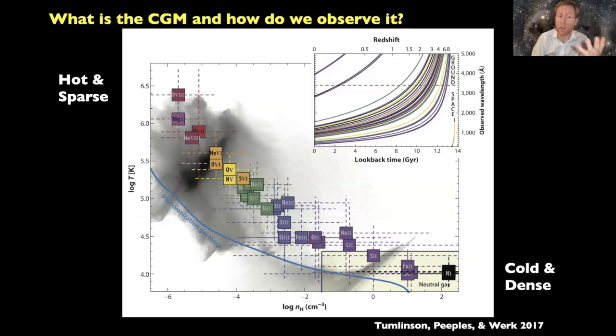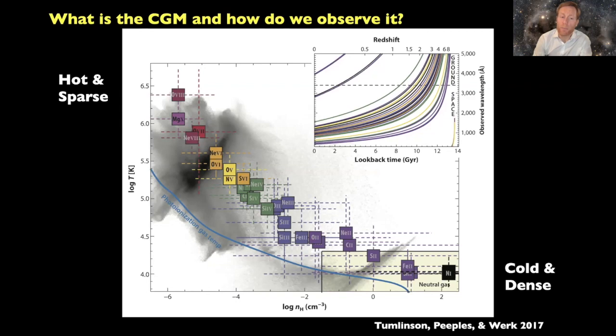The ions that produce those individual absorption lines tell us something about the state of the gas along that sight line, and in particular in that halo. This is just a phase diagram, since Stephanie was just talking about phase diagrams. The x-axis is the density, the y-axis is the temperature, and you can see that in the lower right corner, the dense cool stuff, you tend to find neutral gas like neutral hydrogen or neutral nitrogen, whereas in the upper left, you tend to find higher ionization lines like oxygen 6 or neon 8.